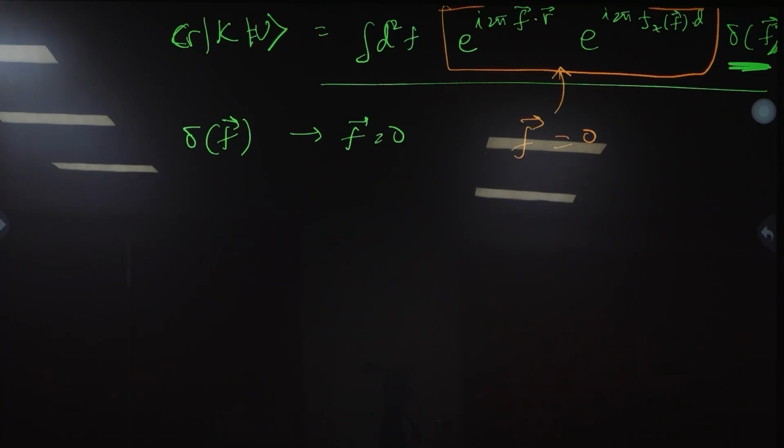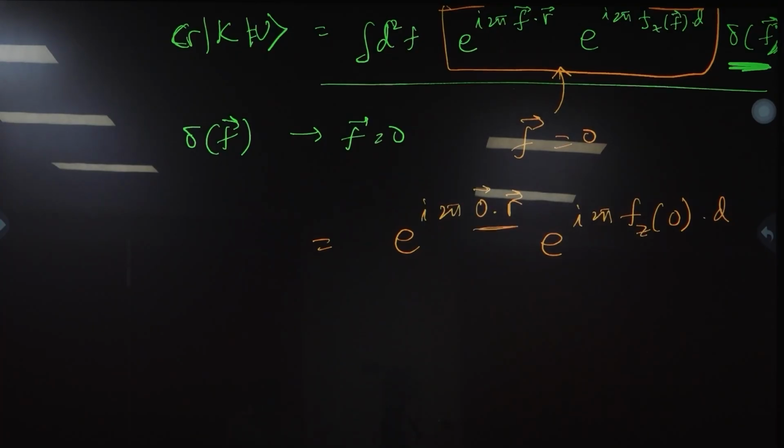That's it. When you substitute f equal to 0, the integral goes away. You get e to the I 2 pi 0 times r, times e to the I 2 pi fg of 0 times t.